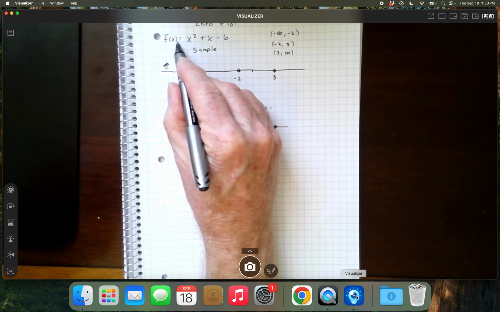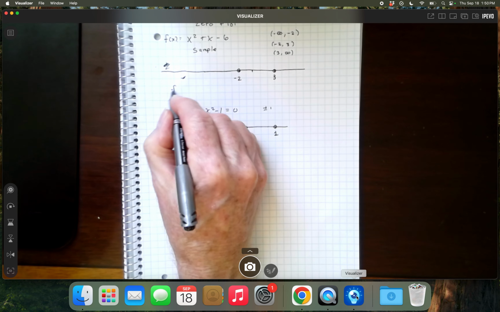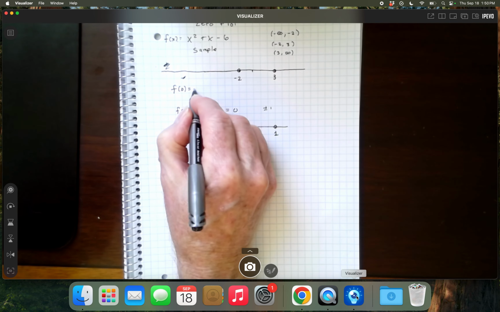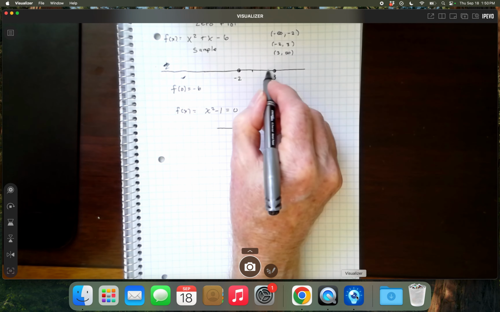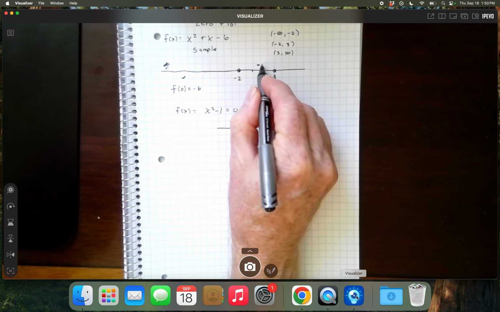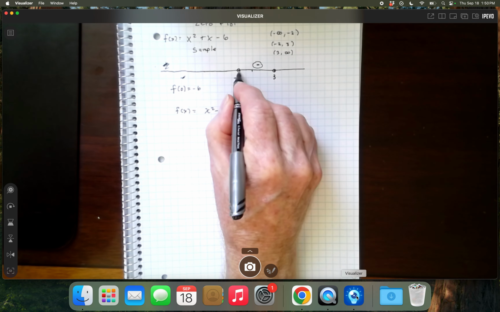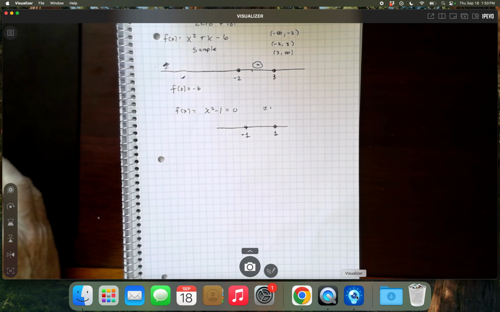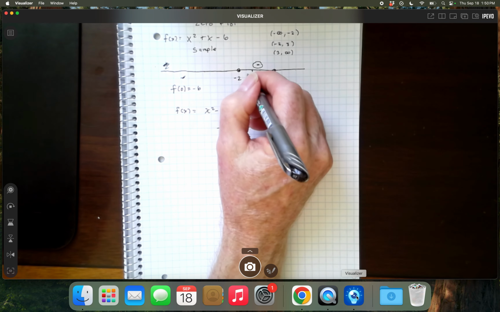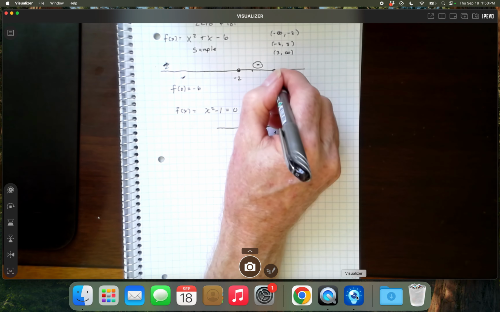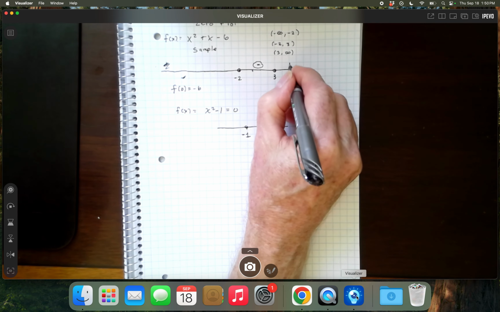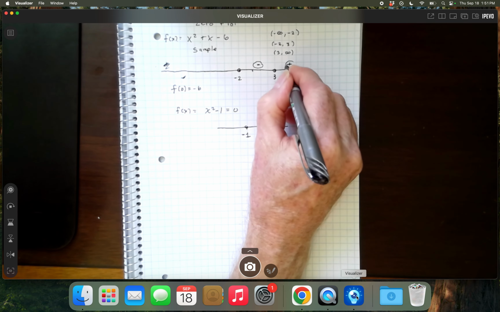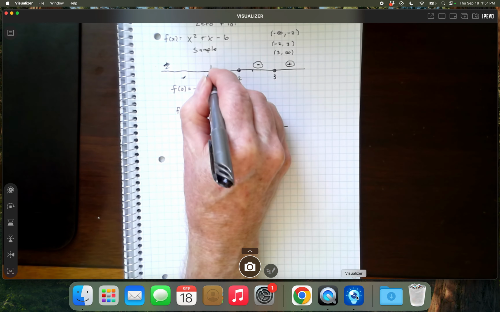At 0, f of 0 is negative 6. The function's negative here. It's negative between here and here. All these values, the function has to be negative. It can't change sign, but then you see a 0, so it's changing sign. So it's positive over here on this segment, and it's positive here.